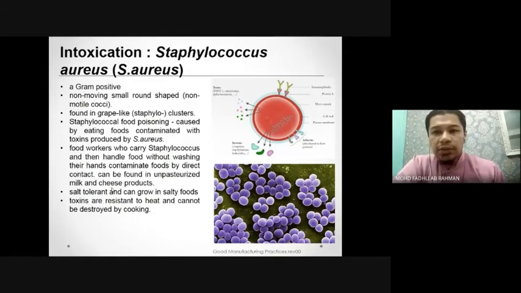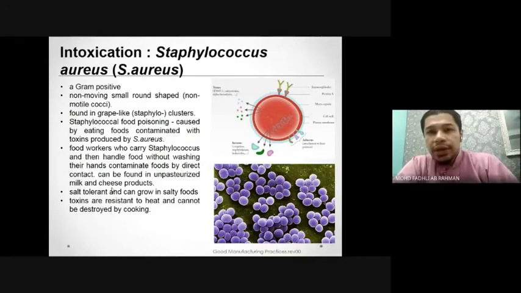And then this type of bacteria is salt tolerant. So we need to give heat treatment to kill this bacteria. The salt does not affect this bacteria, and the pH does not have any effect on it.